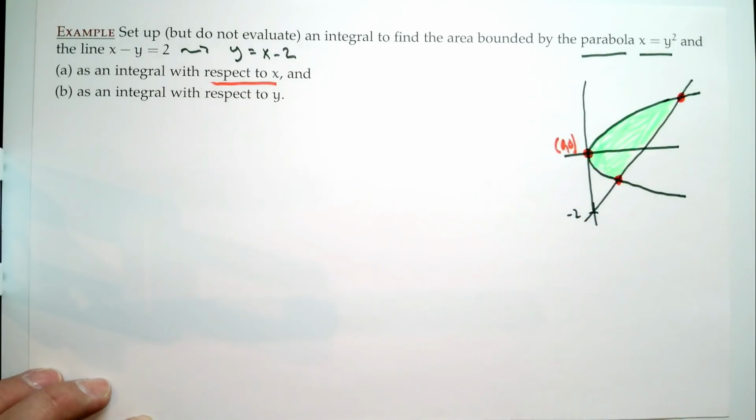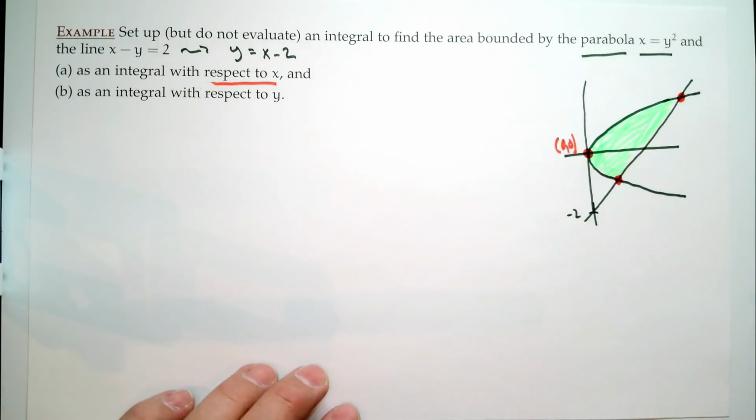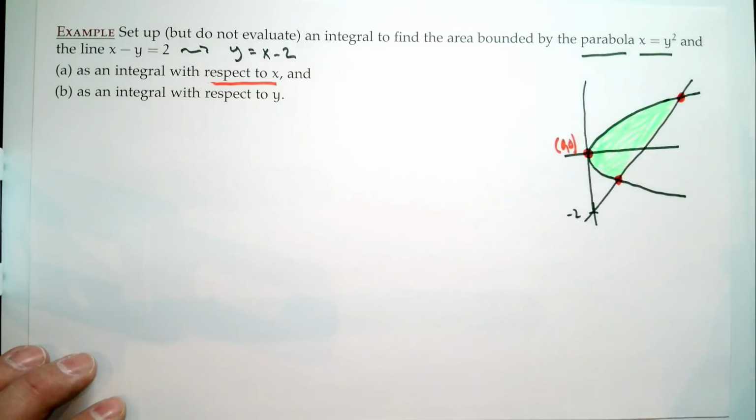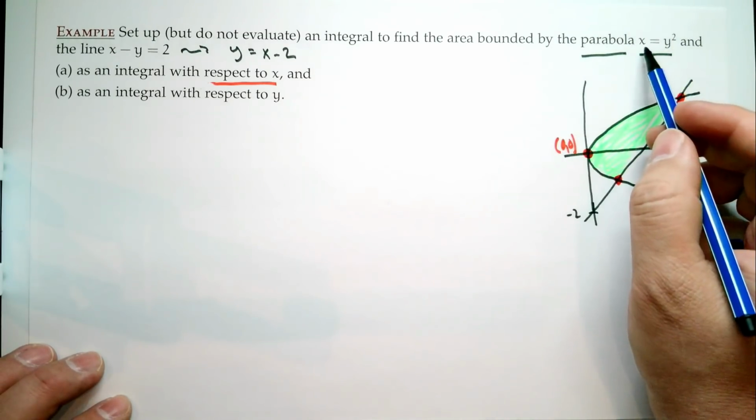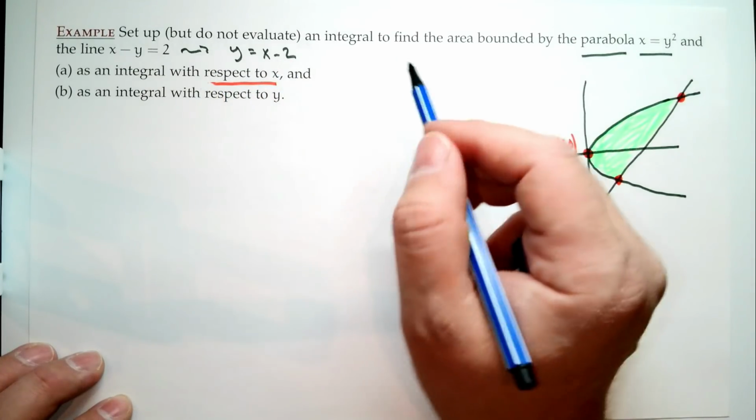The parabola is at the point 0, 0. These points here, where the line and the parabola intersect, we can find by figuring out when these things are equal. Here we're told that x equals y squared, and we're also told that y equals x minus 2.